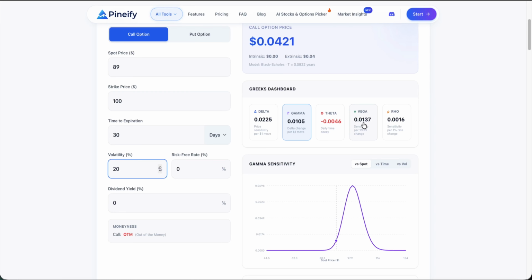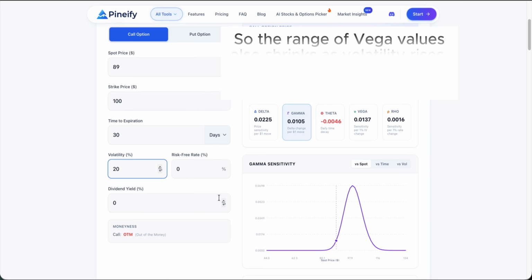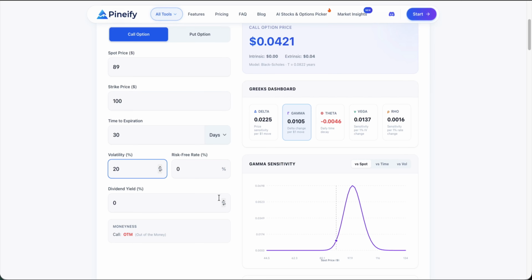But the floor of the Vega becomes higher and higher as we reach more volatility. Because the volatility becomes so much higher, the option is still alive because of that volatility. The possibility of a large move is always there, and that makes the option never become fully dead. And this is the main insight.